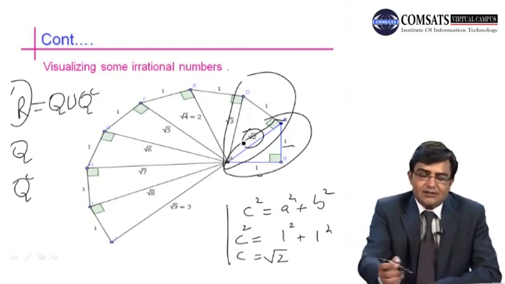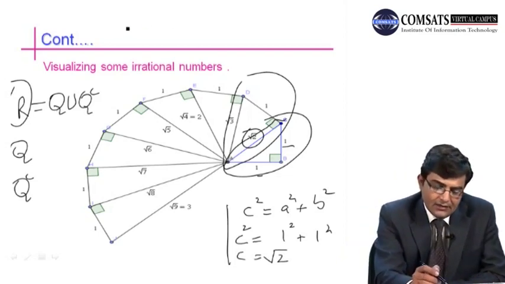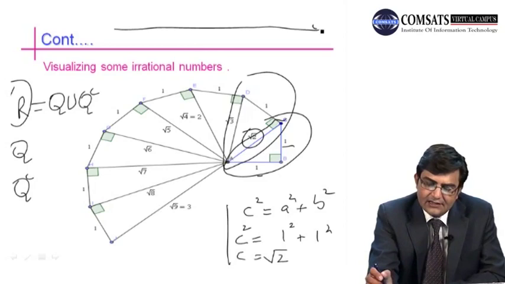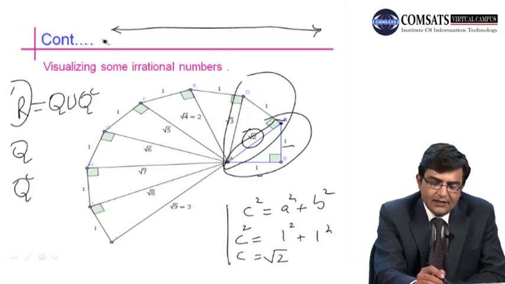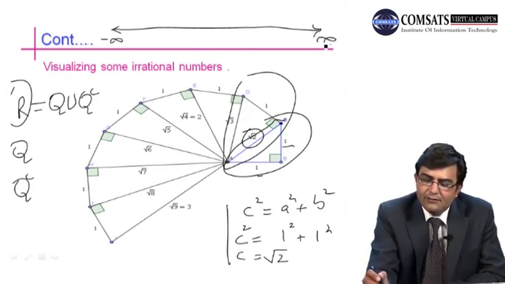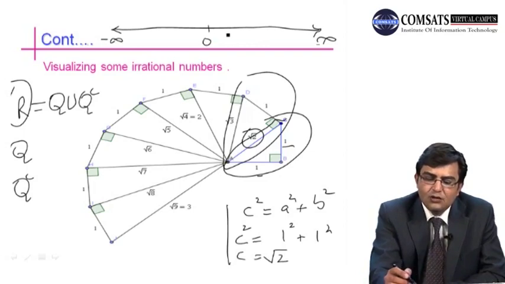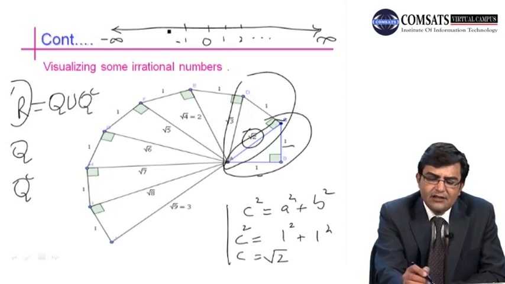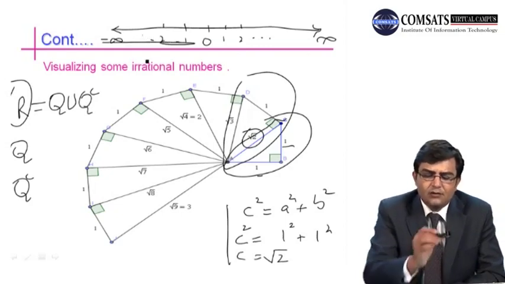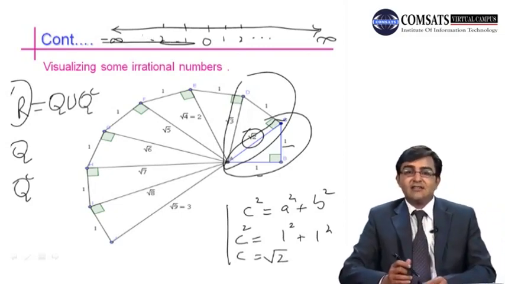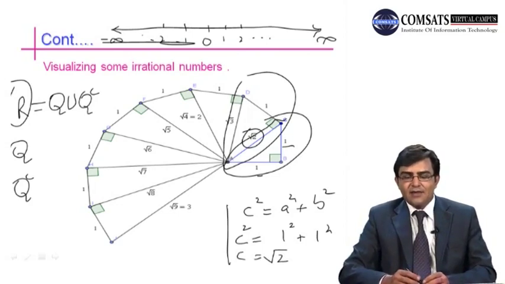And how can we graphically express the set of real numbers? You have studied it already. There is a straight line. Here we have minus infinity, here we have plus infinity, here we have 0, here we have 1, here we have 2, and so on. Here we have minus 1 and minus 2, and so on. What is this? This is called a real line.